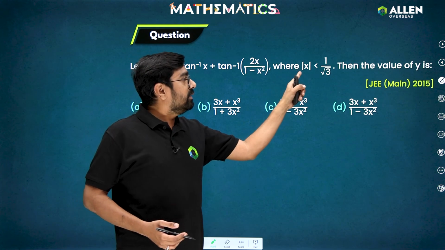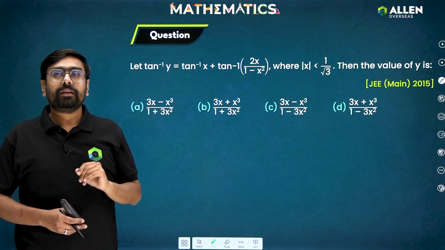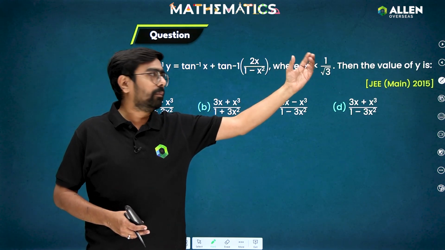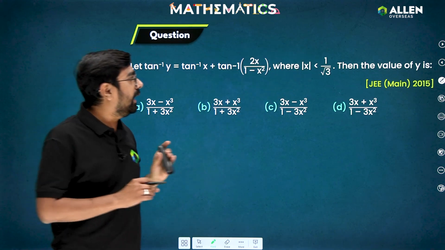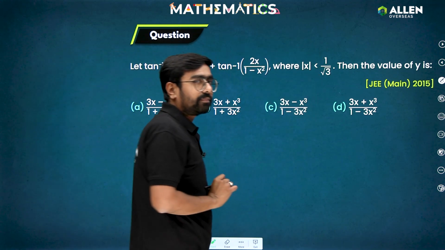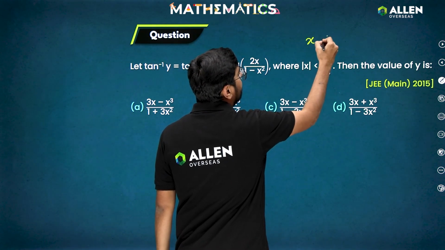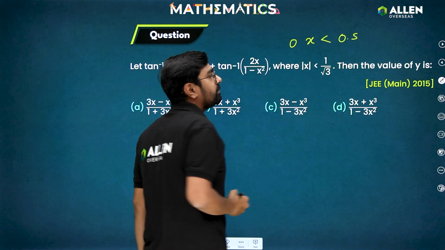One more thing is given to us, that mod of x is less than 1 by root 3. 1 by root 3 is around 1 upon 1.71, so let's say this is around 0.5. Mod x means x is always positive, so the value of x is between 0 and 0.5.